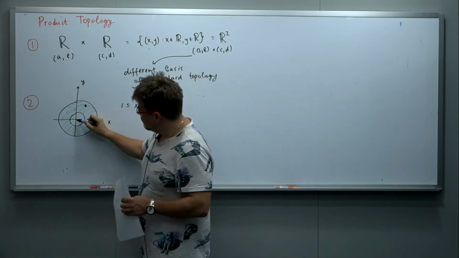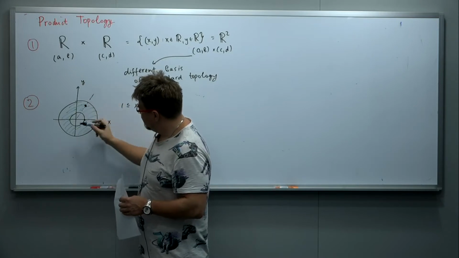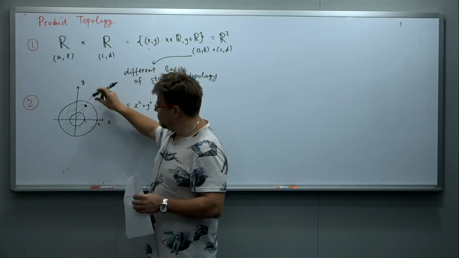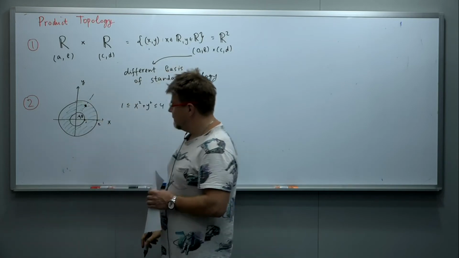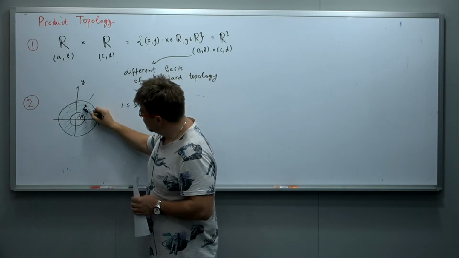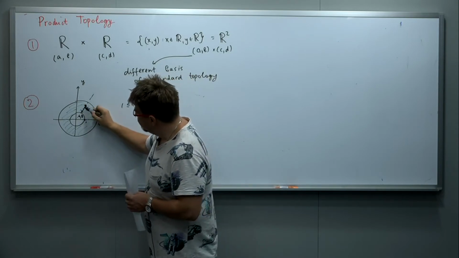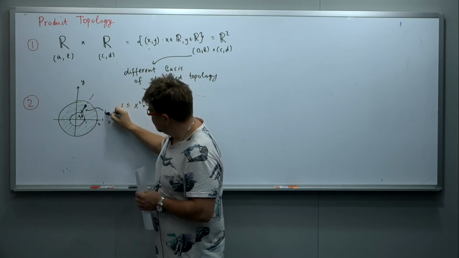So what you can always do, you can specify this point by drawing a line through the origin to this point, then you can check this angle, say theta. And another thing, you can specify the distance from this point to, say, the inner circle. And this distance is going to be, say, d.